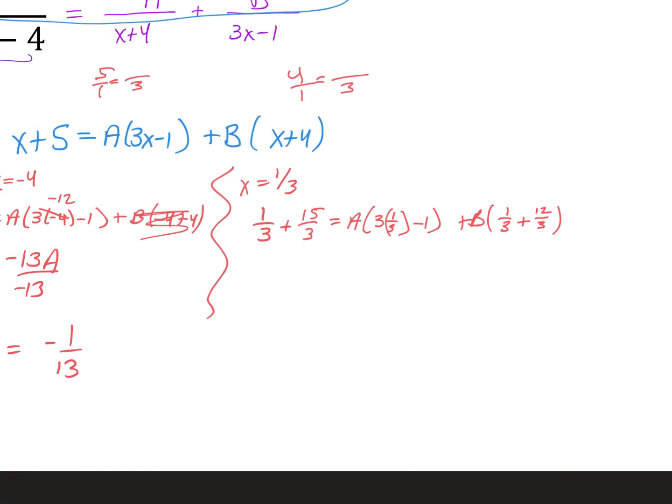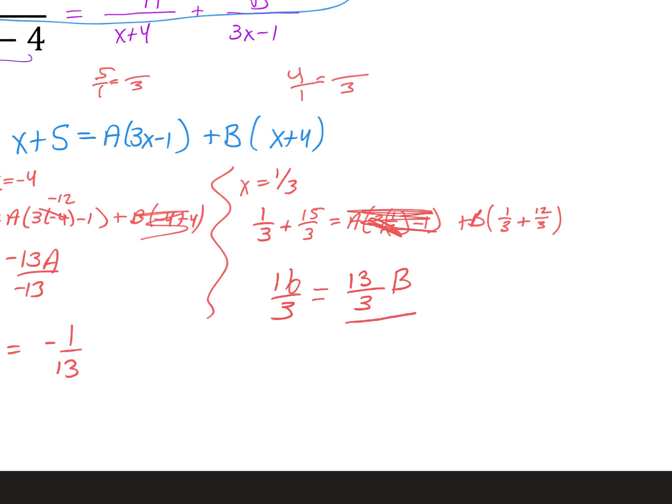So on the left-hand side here, I have 16/3 equals. These 3's will cancel out. 1 minus 1 is 0, so a goes away. If I have 1/3 and I'm adding 12 thirds to it, how many thirds do I have? How many? 13 thirds times b, right?